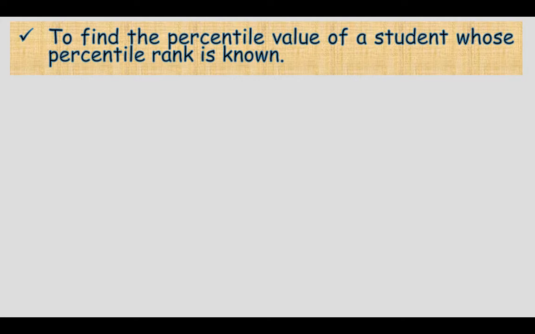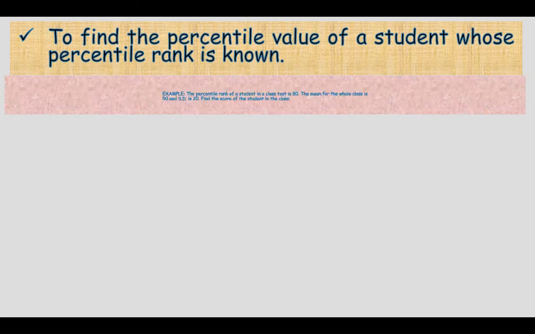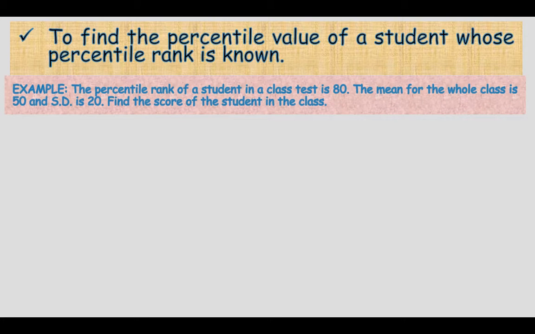The next application is to find the percentile value, or the raw score, of a student whose percentile rank is known, is given. Suppose the percentile rank of a student in a class test is 80. Here it is the percentile rank, it is not the raw score, neither is it the standard score.